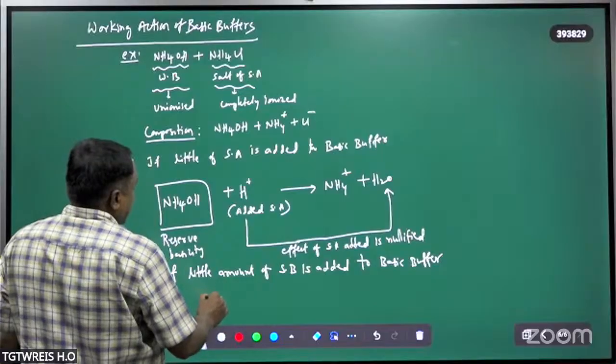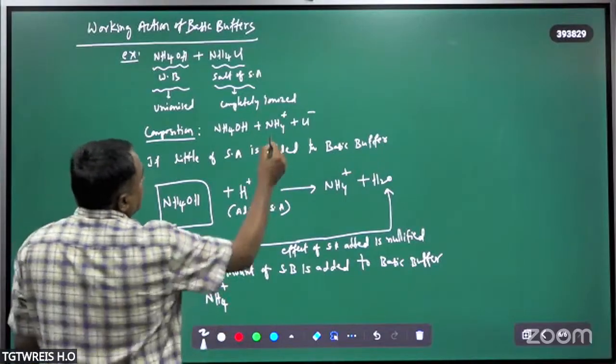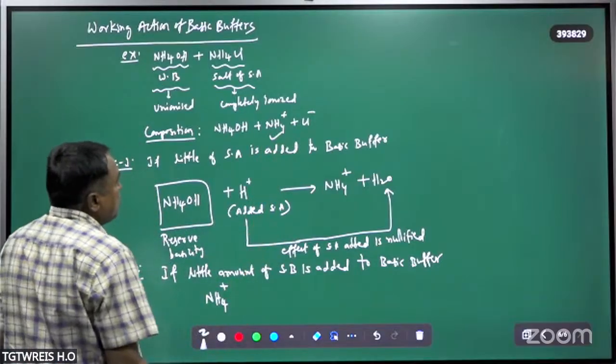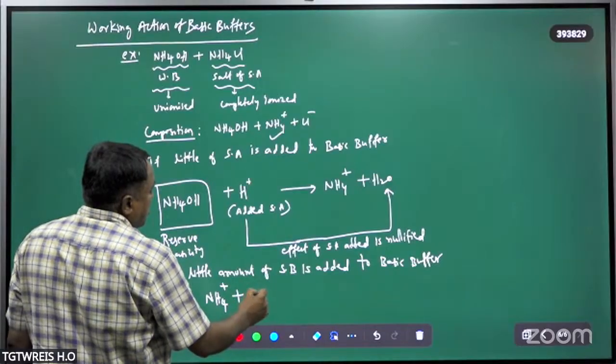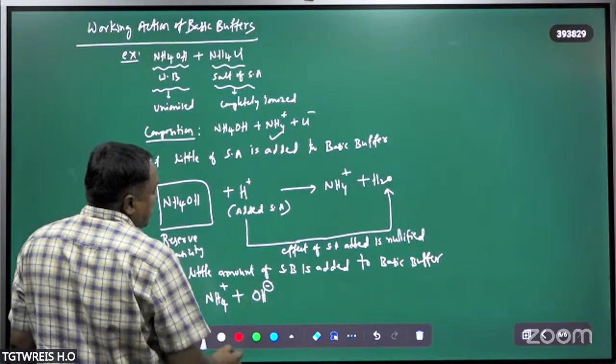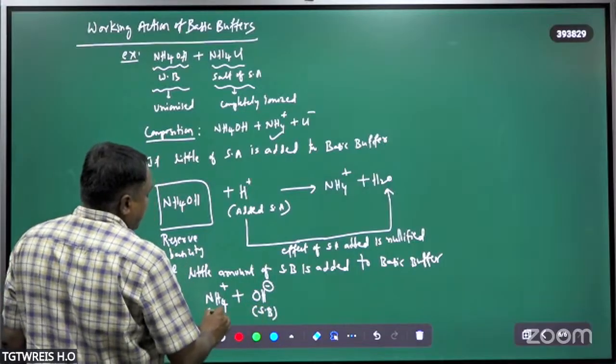Suppose in the buffer solution we already have NH4 plus, and now we are adding strong base. Strong base means OH minus. This is the strong base, and this is the strong acid.